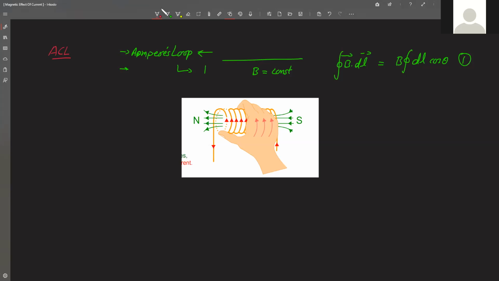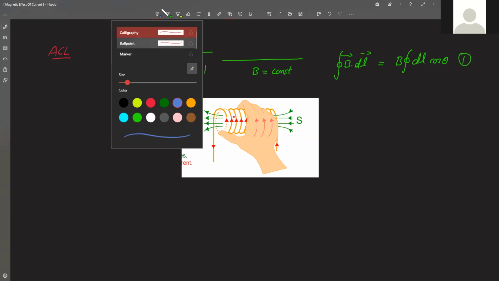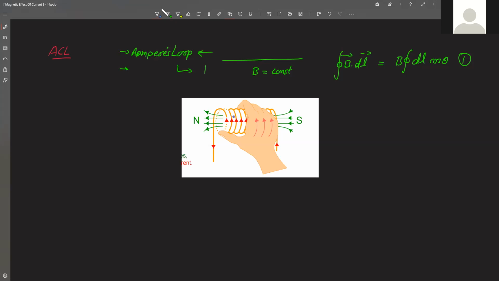Let us say this is our point P, where we have to find the magnetic field. So we will consider a rectangular loop like this. That loop should go through the point P. That is the only thing we have to consider here.